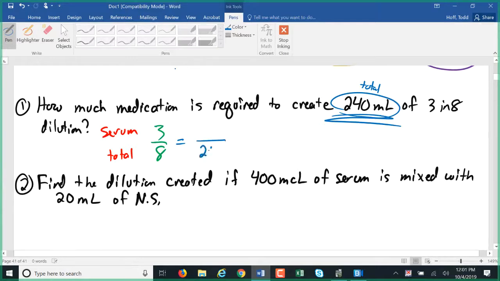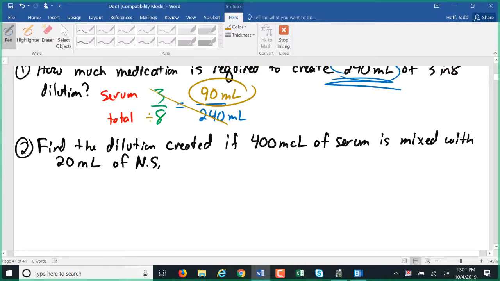So the 240 milliliters goes in for the total. This is the ratio we want, because it has what we have and what we're looking for. We'll cross multiply and divide. 3 times 240 divided by 8 is going to give us 90 milliliters. So it would take 90 milliliters of serum to create 240 milliliters of 3-in-8 solution dilution.